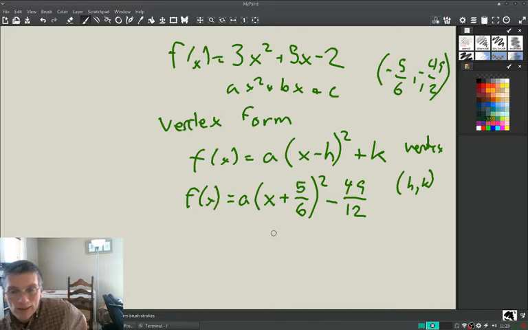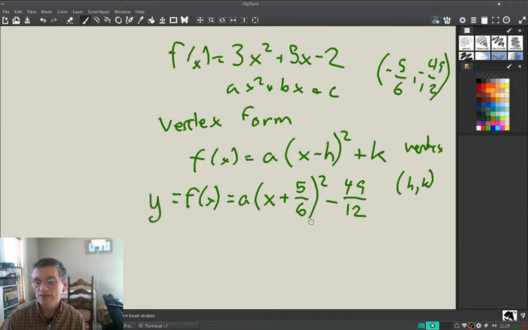We can take any point of the function and put it in to solve for a. We may call this y, of course, if we're graphing it. So the vertex is at minus 5 over 6, change the sign here, minus 49 over 12. That's our vertex or parabola.